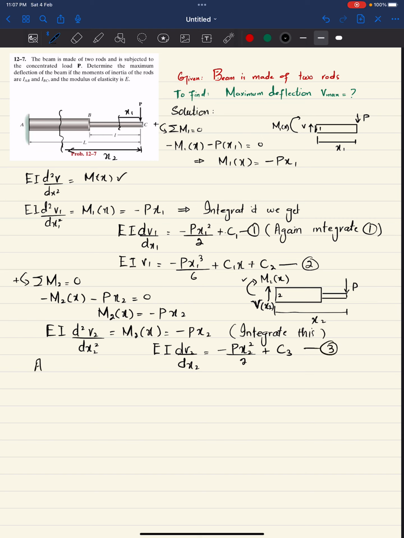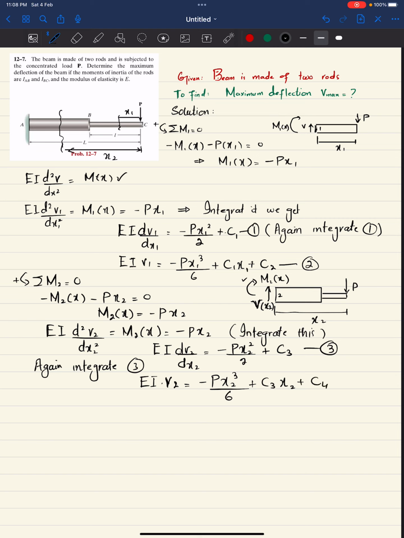Integrating equation 3 again, we will get EI into v2 equal to minus P into x2 cube over 6 plus c3 x2 plus c4.